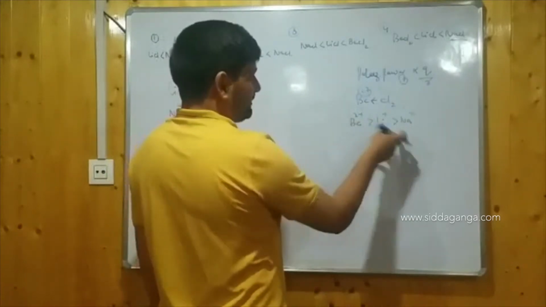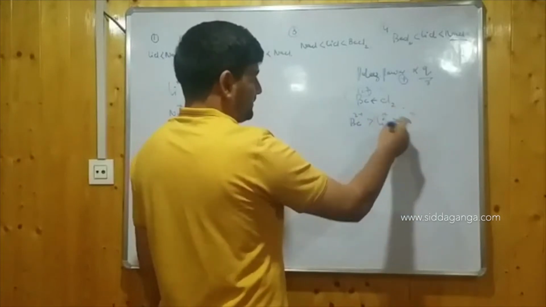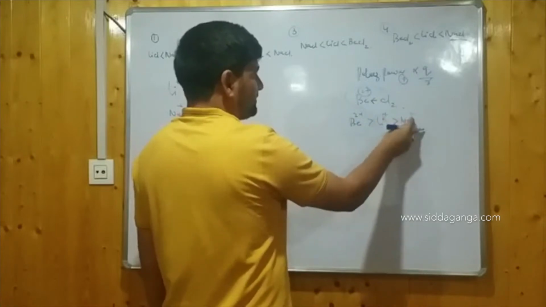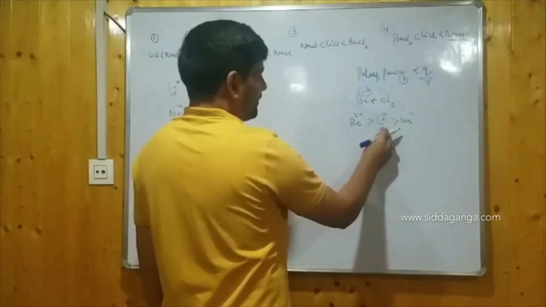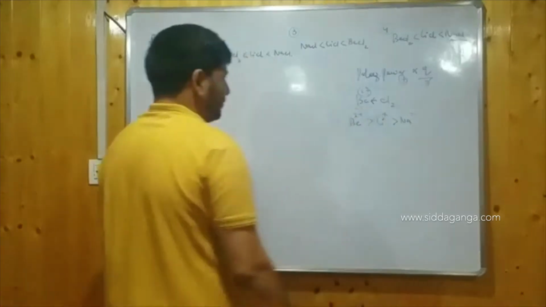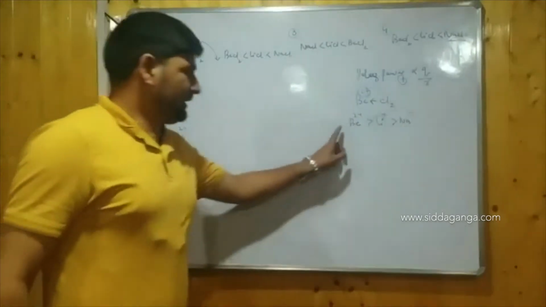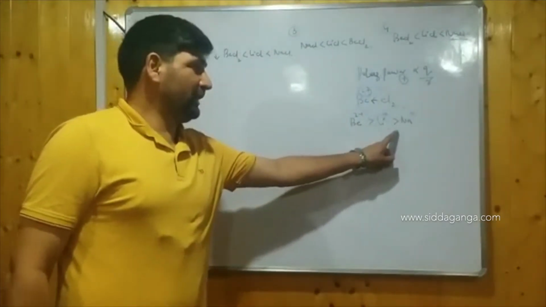In lithium and sodium, which has smaller size? Lithium plus, because both of these have positive charge. Lithium plus has smaller size compared to Na plus, because charge is same, inversely proportional to r. So radius of lithium is less, so its polarizing power will be more. So the correct option for us will be, the order of covalent character: BeCl2 will be more covalent compared to LiCl compared to NaCl.